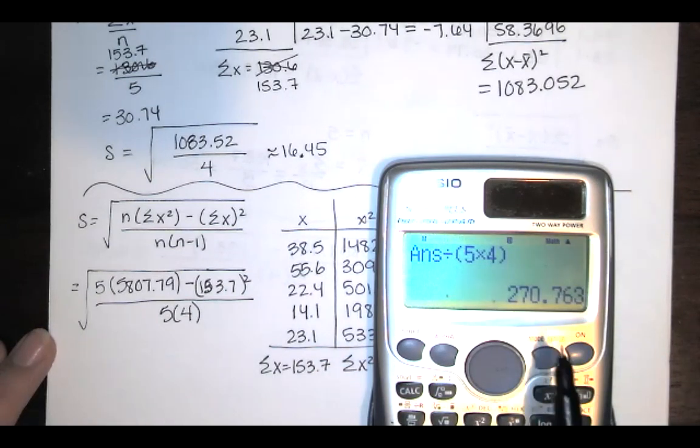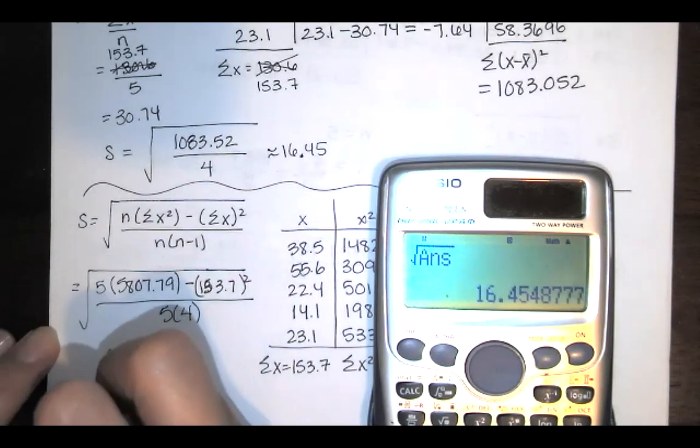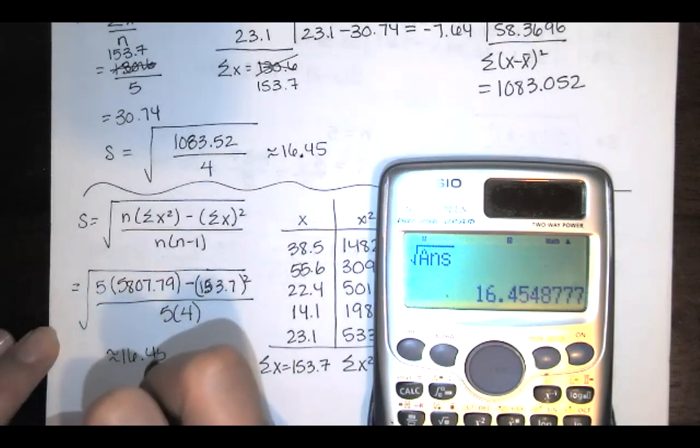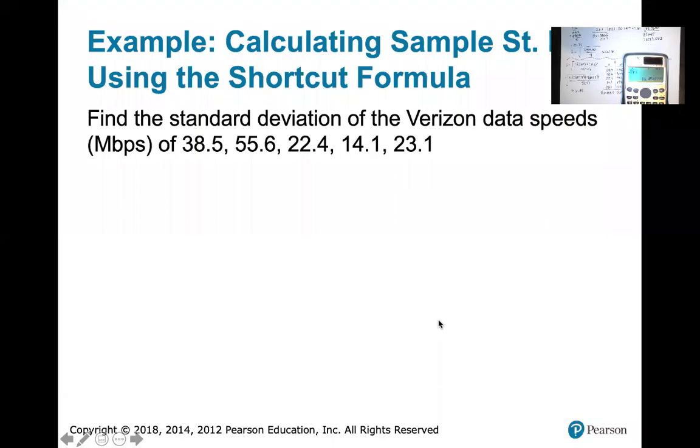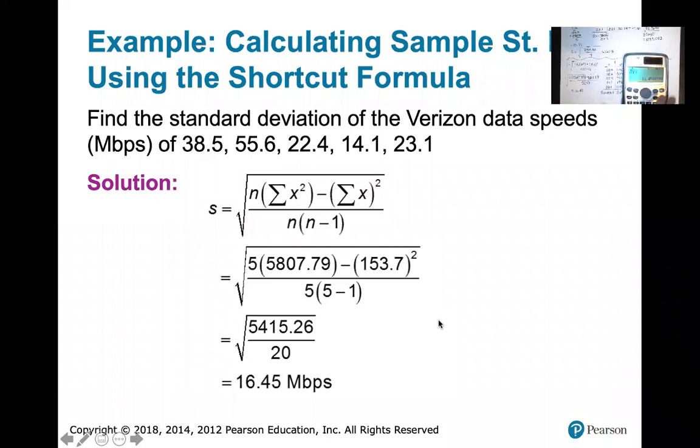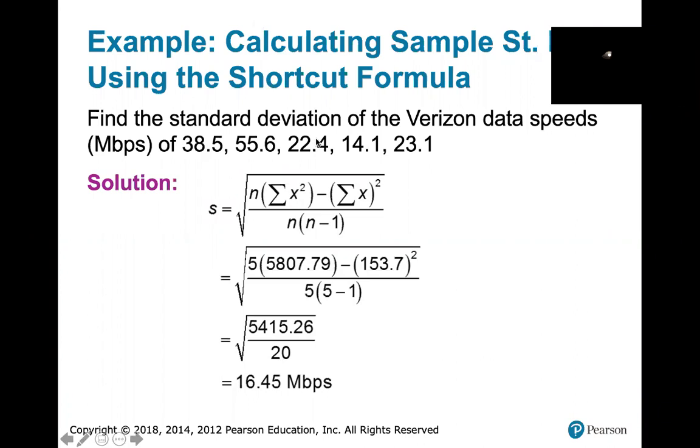Okay, that's this expression. Take the square root of that. And we get that 16.45 megabits per second again. So that's good. We get exactly the same answer either way. And that's exactly what we want. So I hope you can see that this is much simpler, even though the formula itself looks longer and more complicated. It's really not.